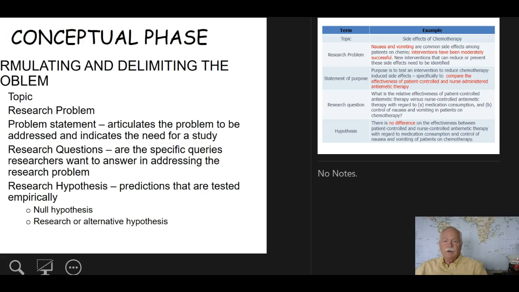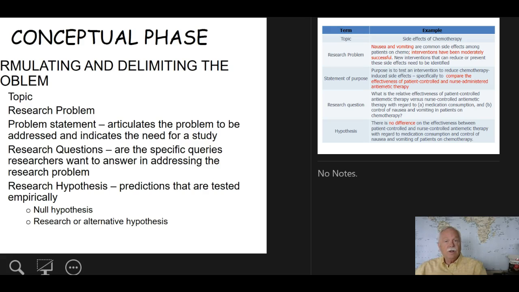So you begin with a topic, you have a research problem, then you have your problem statement, which articulates the problem to be addressed and indicates the need for the study, followed by your research questions, and they are specific inquiries which the researcher wants to answer in addressing the research problem, and that then leads to the research hypothesis, which are the predictions that are going to be tested empirically.